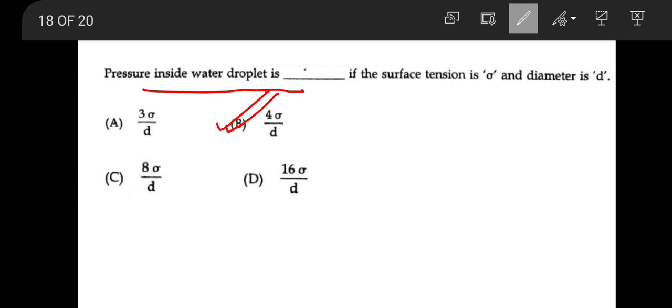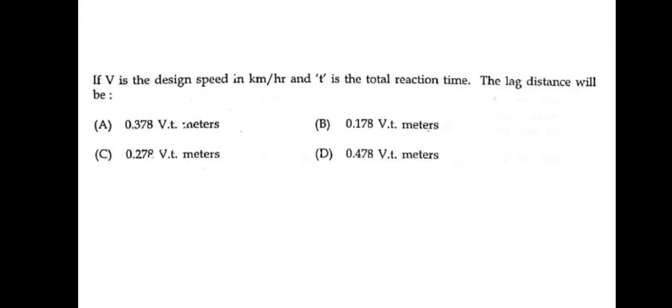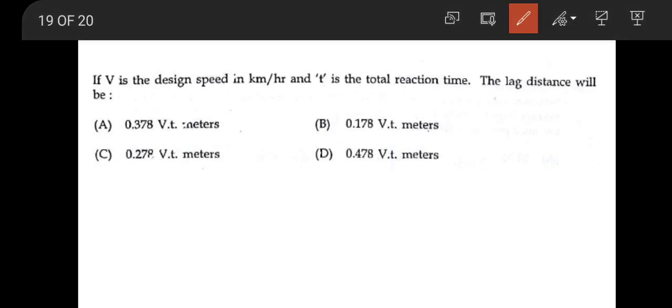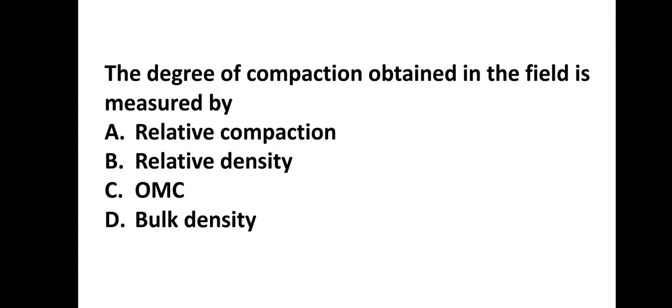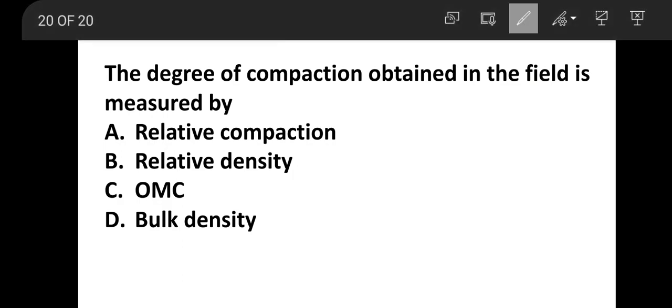So it will be 4 sigma by D. Next question. V is the design speed in kmph and t is the total reaction time, then the lag distance will be. So obviously the lag distance is 0.278 Vt. Alright. Next, the degree of compaction obtained in the field is measured by. So here the correct answer will be relative compaction.